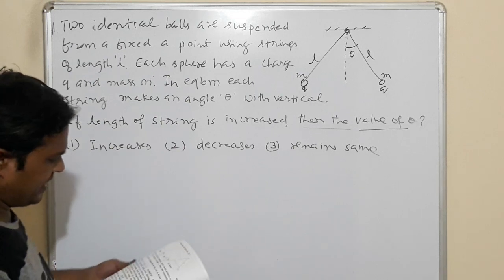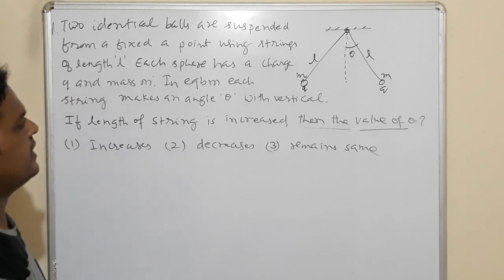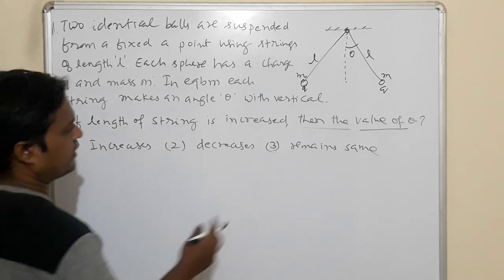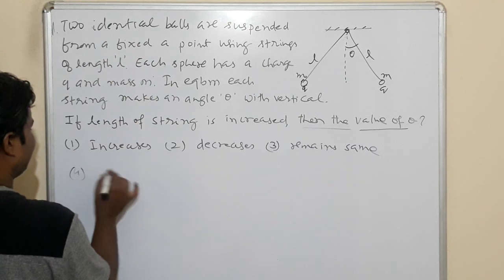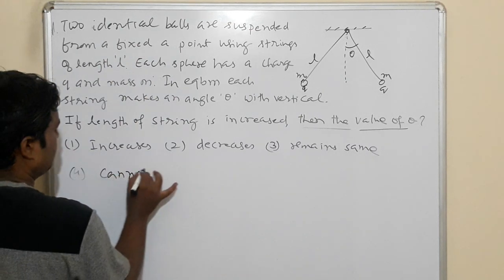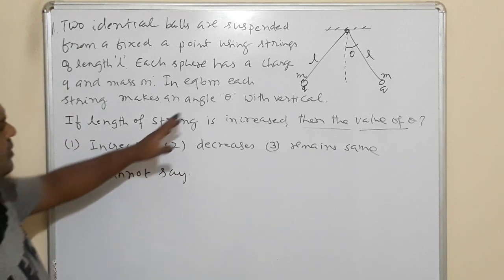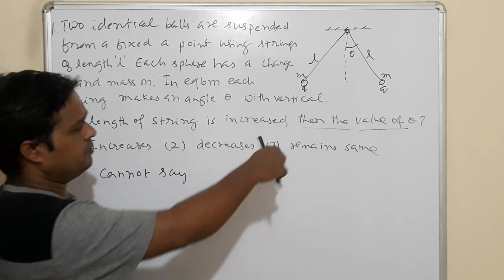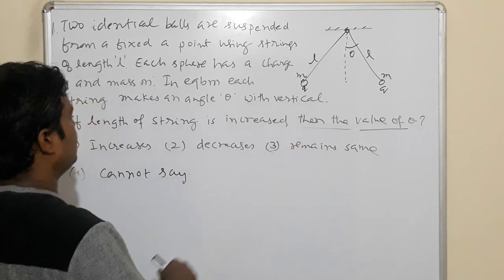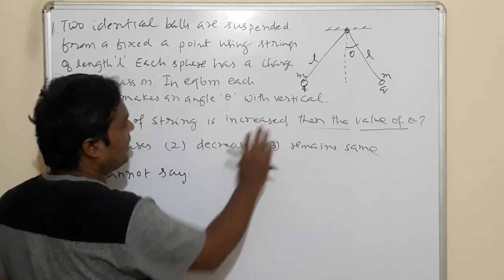Whether theta remains the same, theta decreases, or you can take one more option also, like this, cannot say. In some competitive books, this question is there already. Anywhere we mentioned the relation between theta and length?